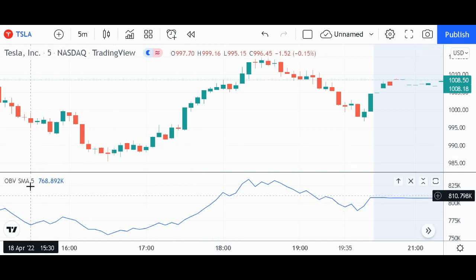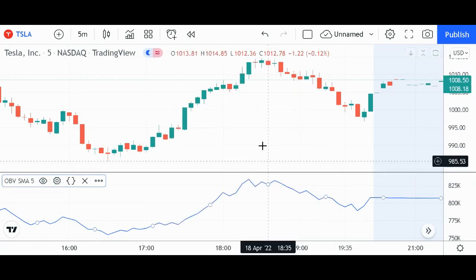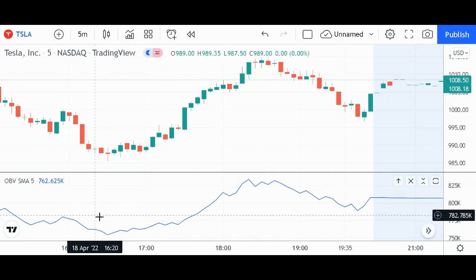So the OBV is here, and I've got it here on the SMA 5-length settings. But you can try out different settings, but I'm just using the standard settings here on TradingView.